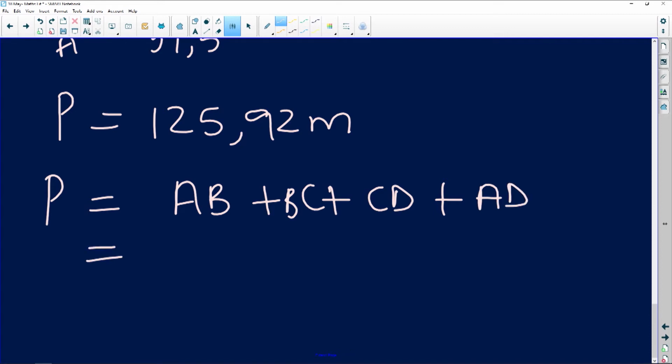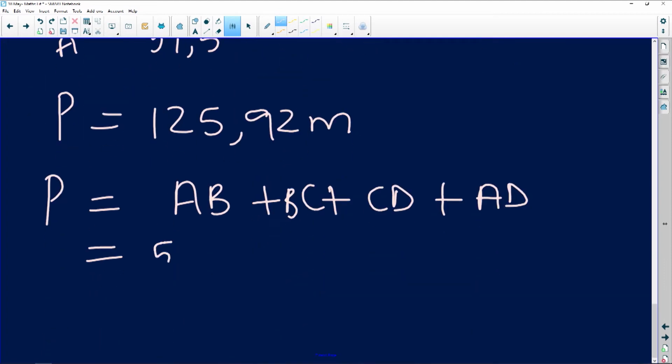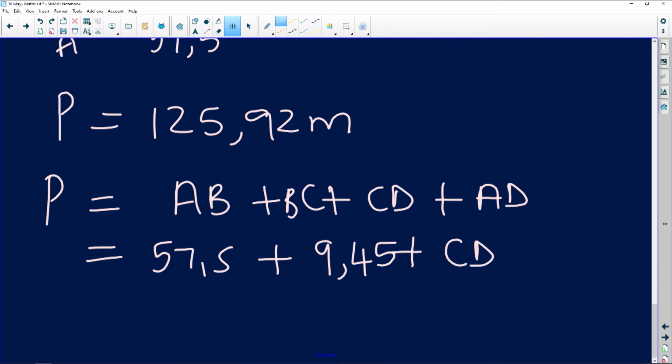So I've got my AB. My AB is 57.5. I've got my BC, which is 9.45. I've got CD. No, I don't have CD. So CD is going to be what we are solving over there. And I have AD, which is 10.9.